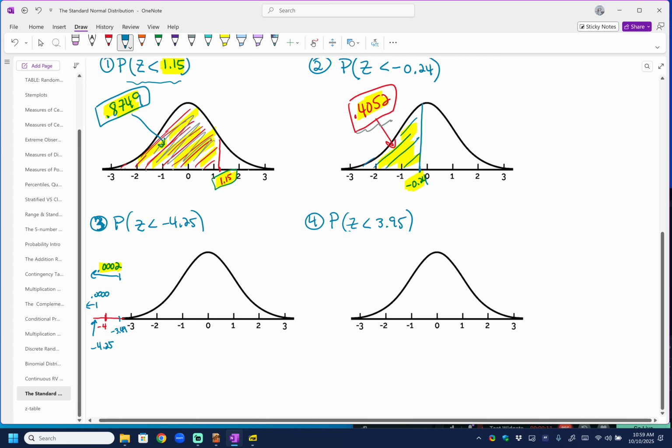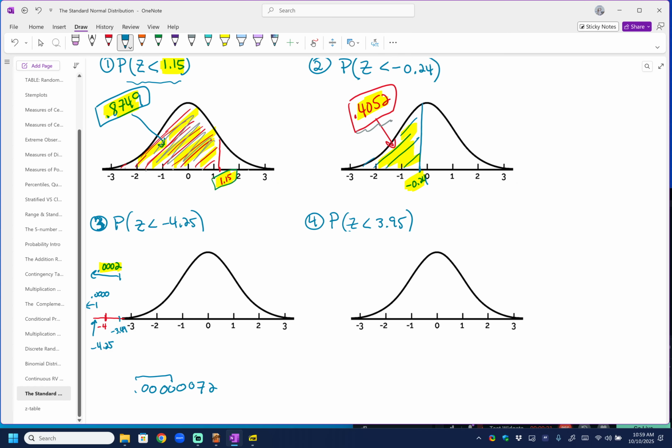That still means there's area out there, because it could be 0.00000072 or something like that. But in our course, we're going to concentrate only on 4 decimal places. So if we have a decimal to 4 decimal places that's all zeros, we're always just going to say approximately 0, which means this probability is approximately 0.